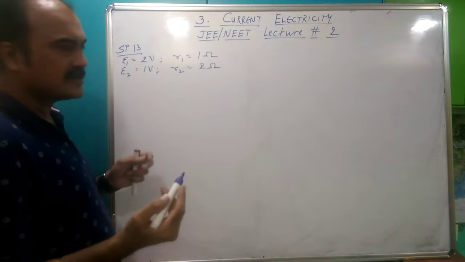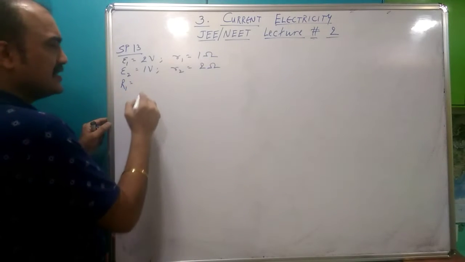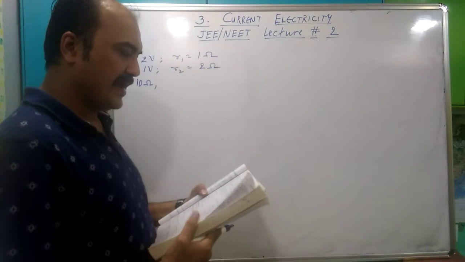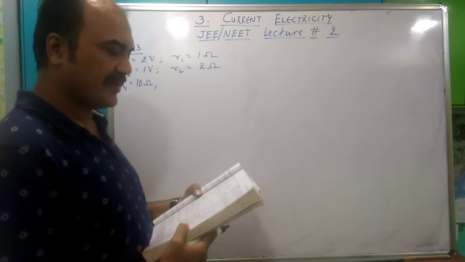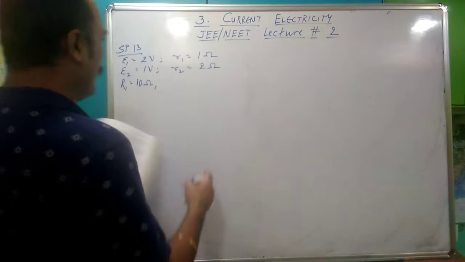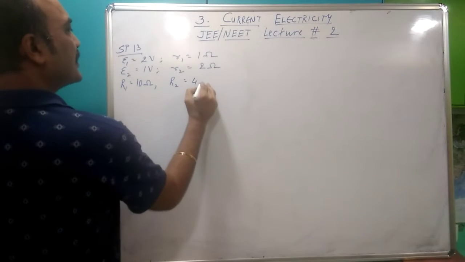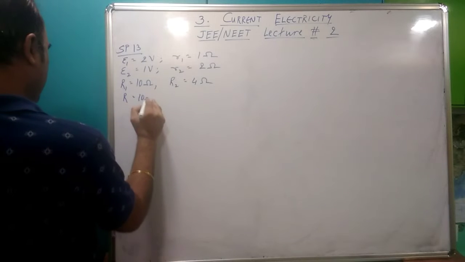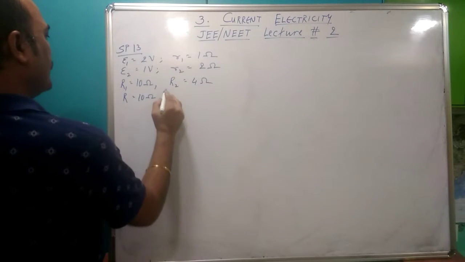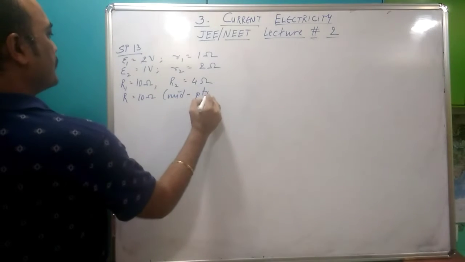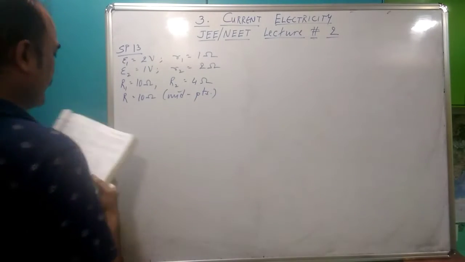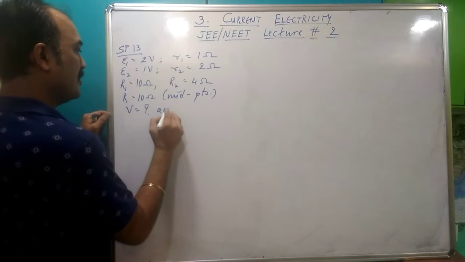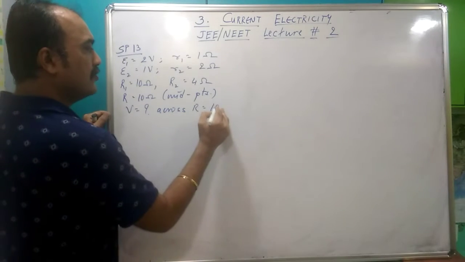And their positive terminals are connected by a wire of resistance 10 ohm, negative terminals by wire of 4 ohm. Another coil of 10 ohm, let me call it R as 10 ohm, is connected across the midpoints, and we have to find the potential difference across the 10 ohm coil. So V across R equal to 10 ohm is how much?